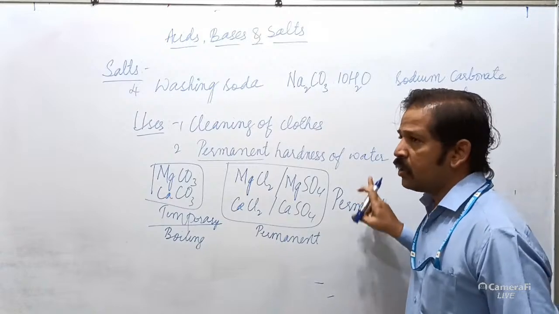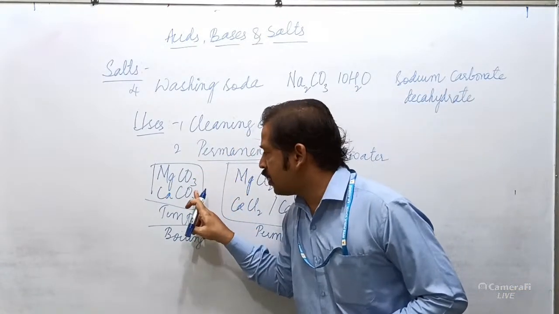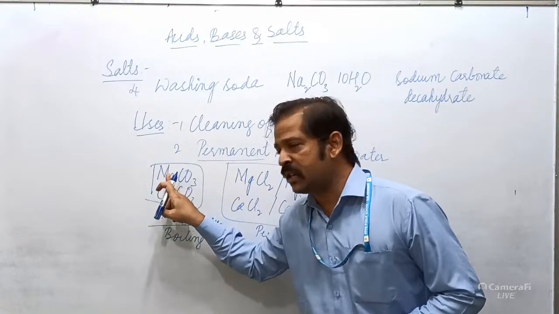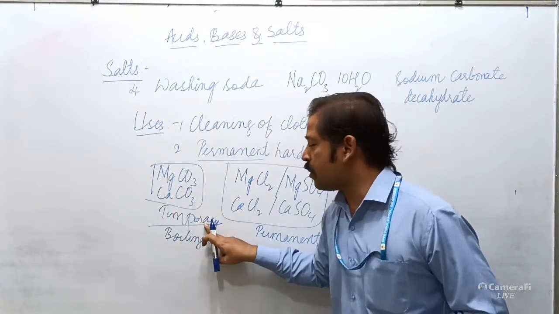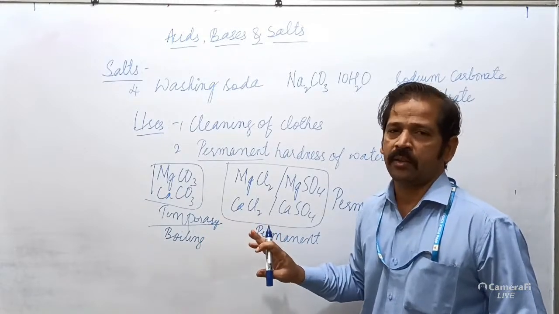And if water consists of magnesium carbonate or calcium carbonate, it makes the water temporarily hard and it can be removed with the help of boiling.